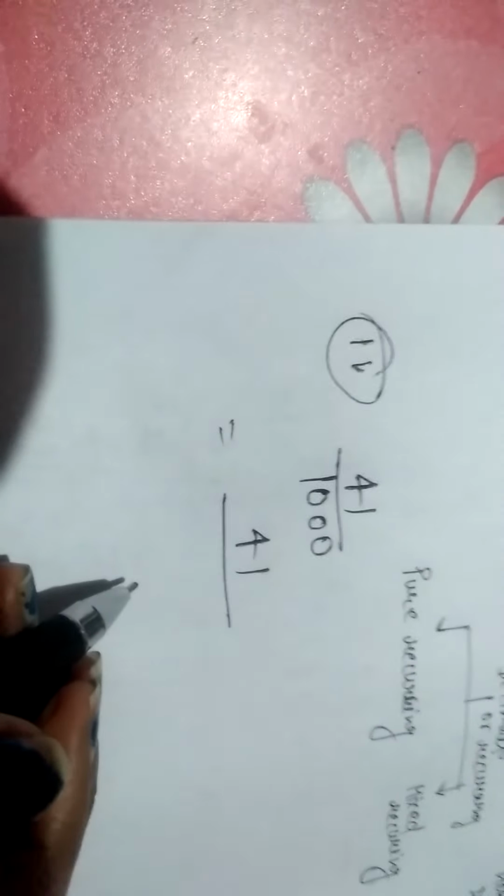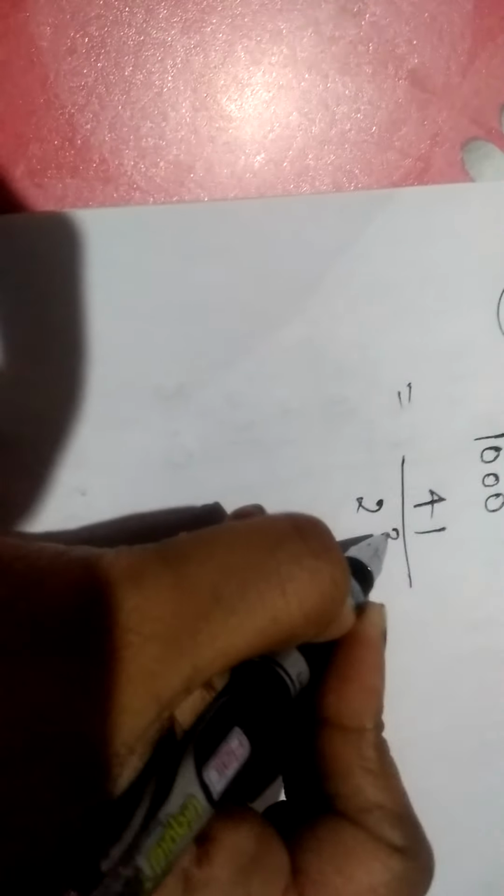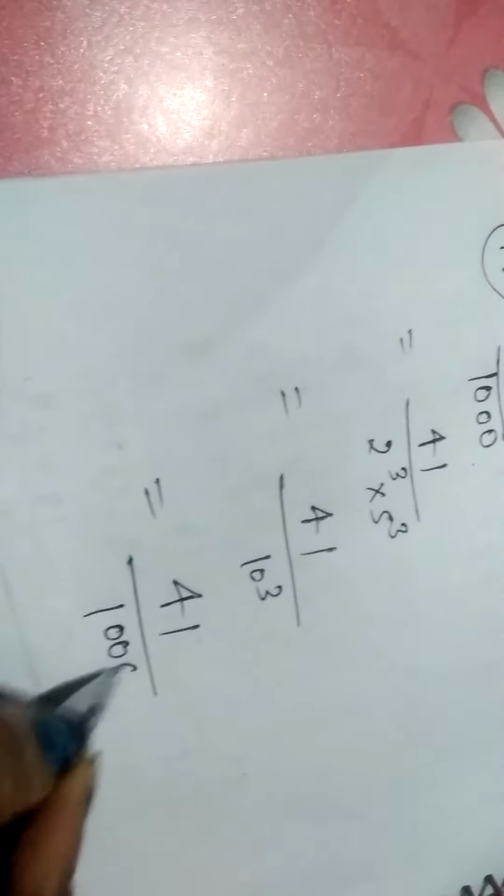We can write 1000 as 2 to the power 3 into 5 to the power 3, because the prime factorization of 1000 is 2 into 2 into 2 into 5 into 5 into 5. So 41 upon 10 to the power 3 is equal to 41 upon 1000, which is equal to 0.041.